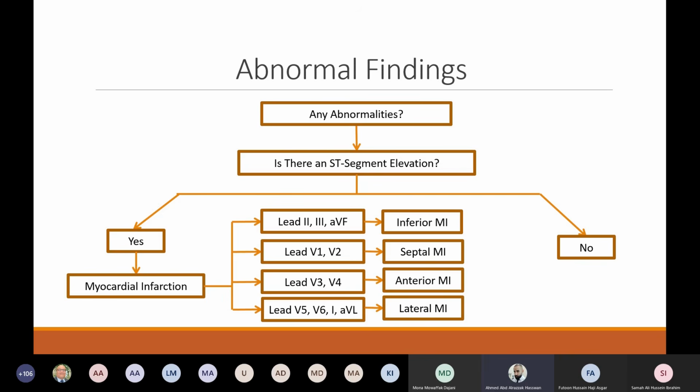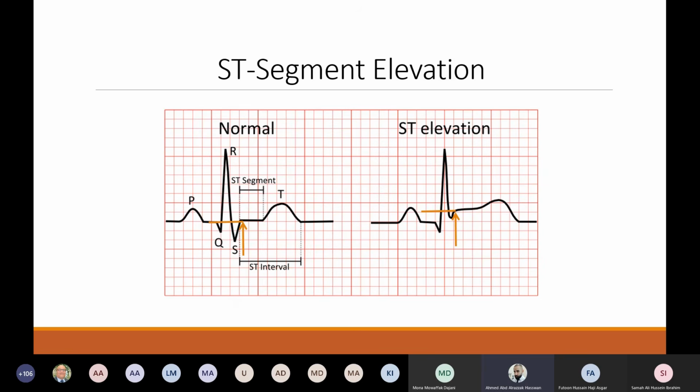Then the next question is, after we say yes, there is an ST segment elevation, where is this ST segment? Is it in which leads, I mean? Depending on the lead, we will say there is the location of the MI, and we will discuss this in a minute, don't worry. So this is a normal QRS complex on the right, and this is an ST segment elevation.